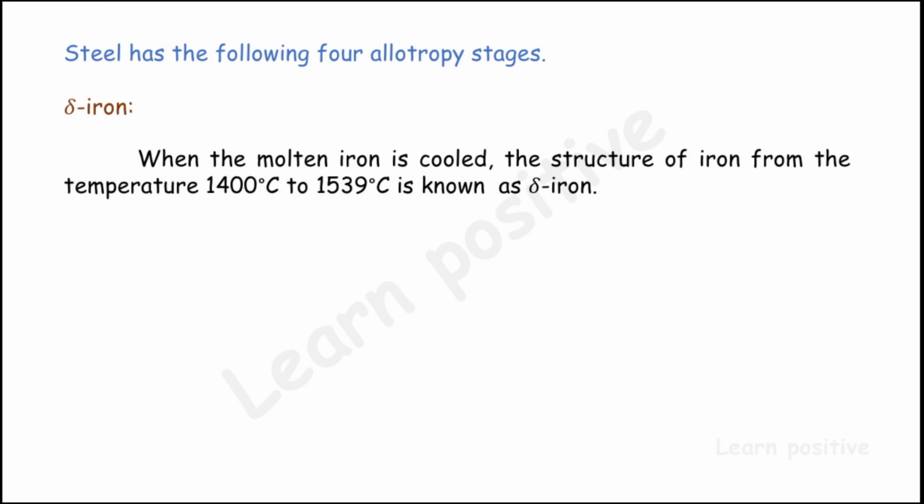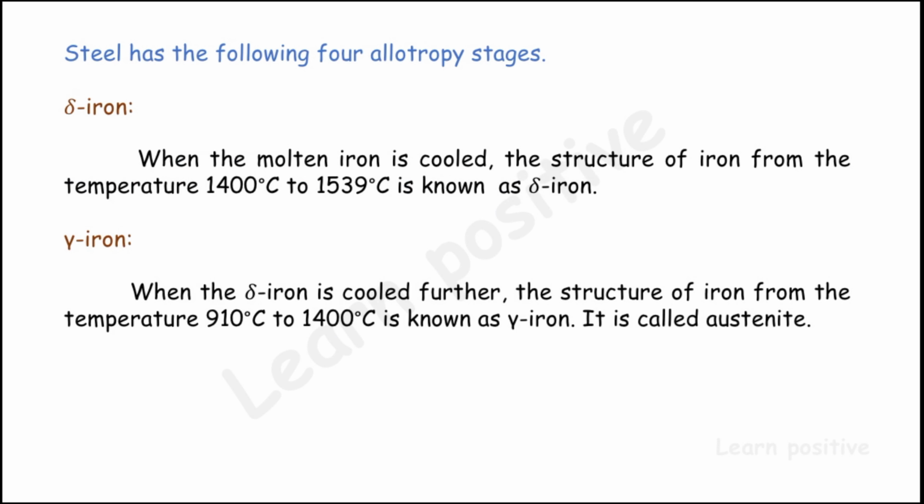In this stage we get the structure of delta iron. To get gamma iron, we cool the metal further, to 910 degrees Celsius to 1400 degrees Celsius. This is called gamma iron, and its structure is also known as austenite.